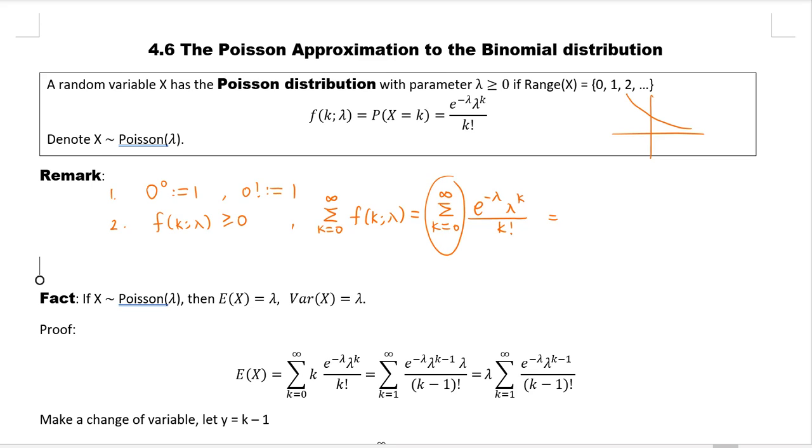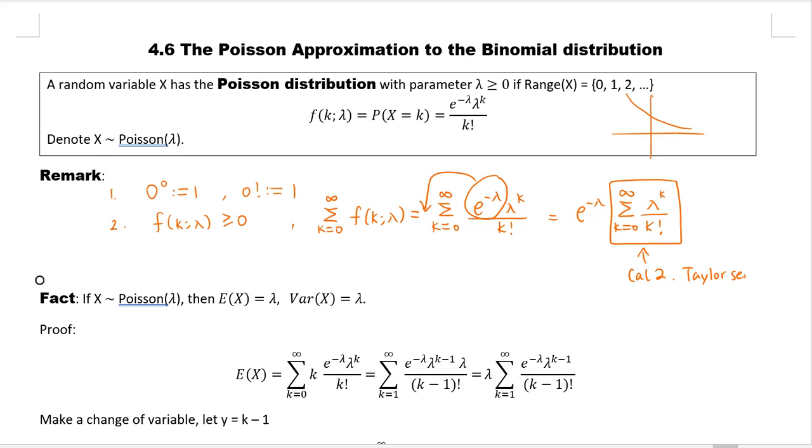The sum is about k, so e to the minus lambda is like a constant, so we can move it in front of the summation sign. So we have the sum k from 0 to infinity of lambda to the k over k factorial. If you remember from calculus 2, this is the Taylor series for e to the lambda.